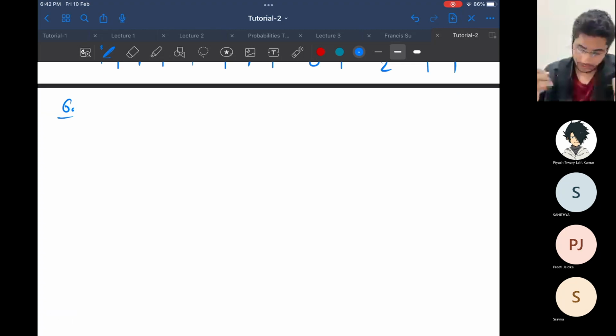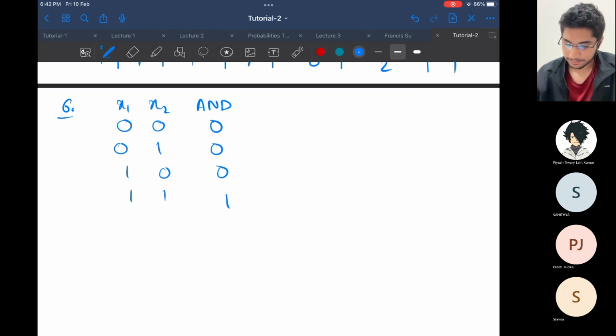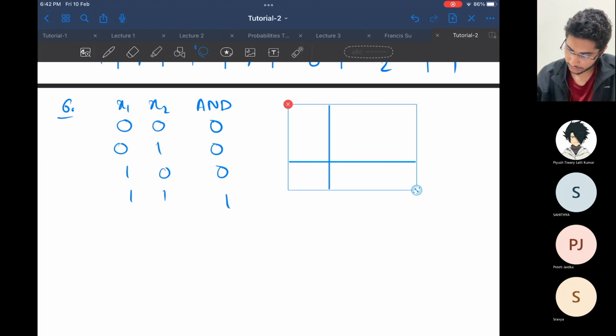Whenever you are dealing with Boolean functions, just create the truth table for x1, x2. I have made it several times. Let me just do it. 0 0, 0 1, 1 0, 1 1, and the outputs will be 0, 0, 0, 1. This is the sort of template, always make this.